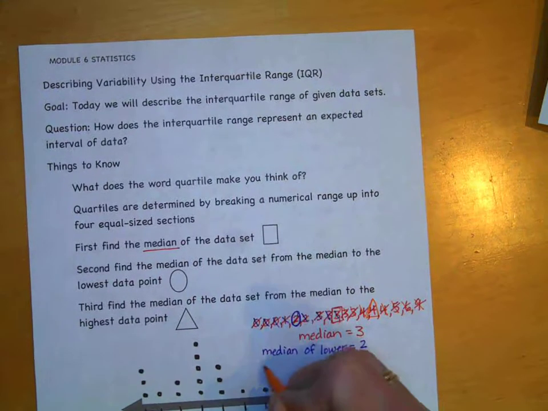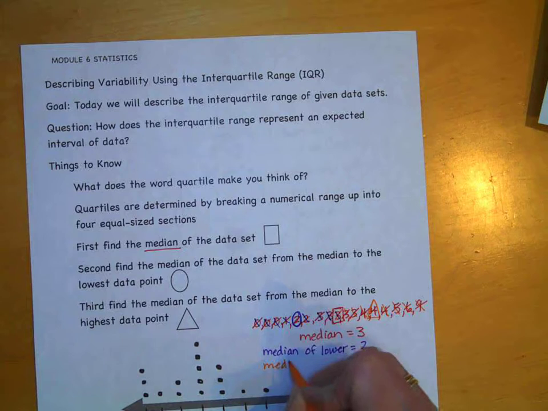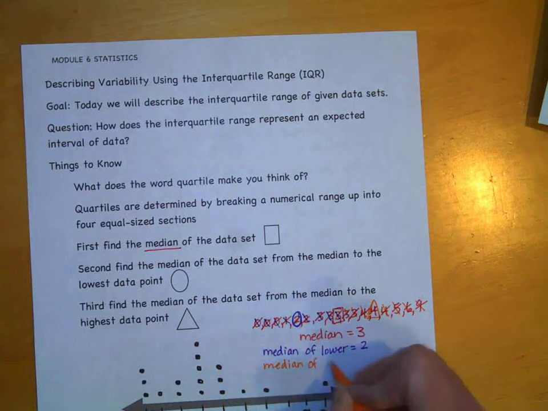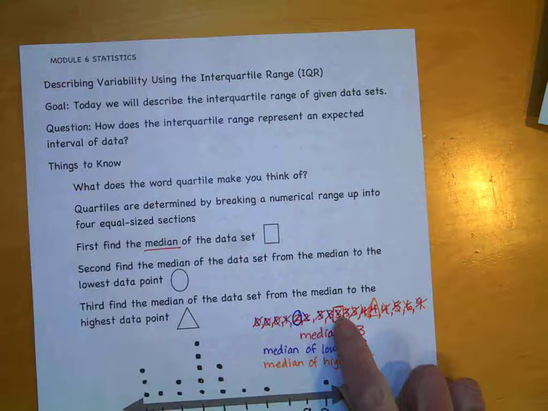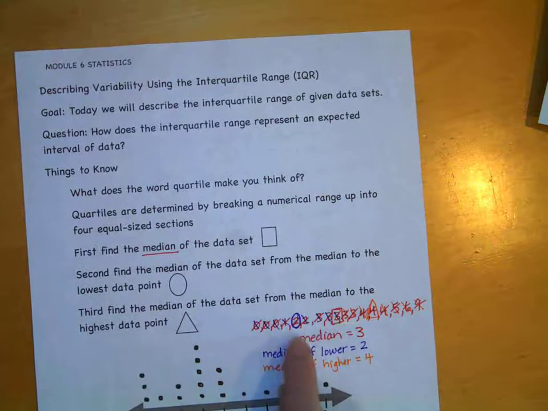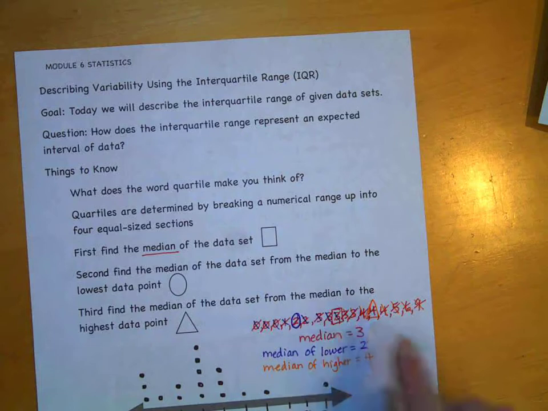And then the median of the higher quartile is 4. Okay, and you can see that by putting those shapes around it. So the median was the rectangle, the median of the lower quartile was 2, and it was an oval, and then the median of the higher quartile was 4, and we put a triangle around it.